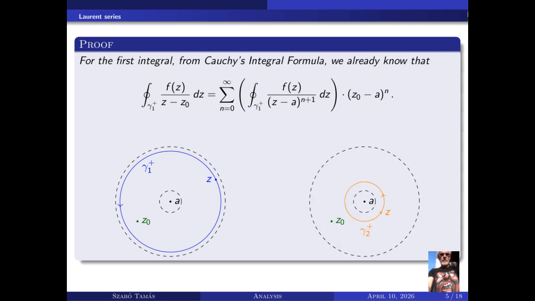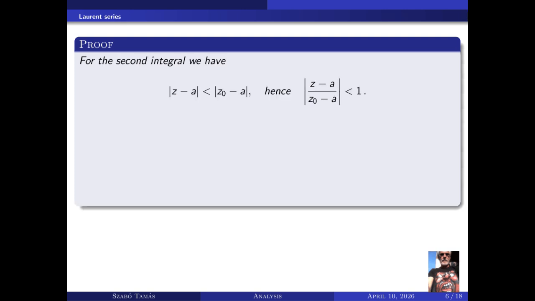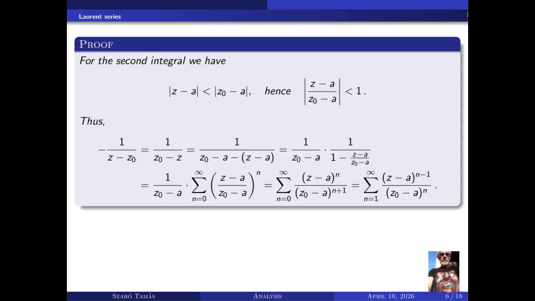For the second integral, we use that modulus z minus a is less than modulus z0 minus a. Hence, the modulus of (z minus a) divided by (z0 minus a) is less than 1. Therefore, minus 1 over z minus z0 equals the sum from n equals 1 to infinity of (z minus a) to the power n minus 1 divided by (z0 minus a) to the n.